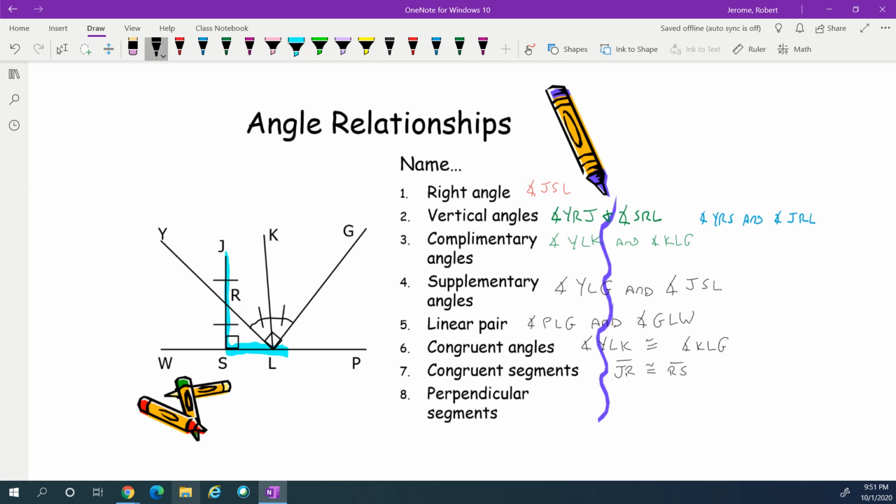So that means segment JS, for example, is perpendicular to segment SL. Now, I could have called it SL or SP or WP, right? So I could have said something like JS is perpendicular to segment WP. Wherever they touch each other makes a right angle. That's all that means. So perpendicular lines form right angles.